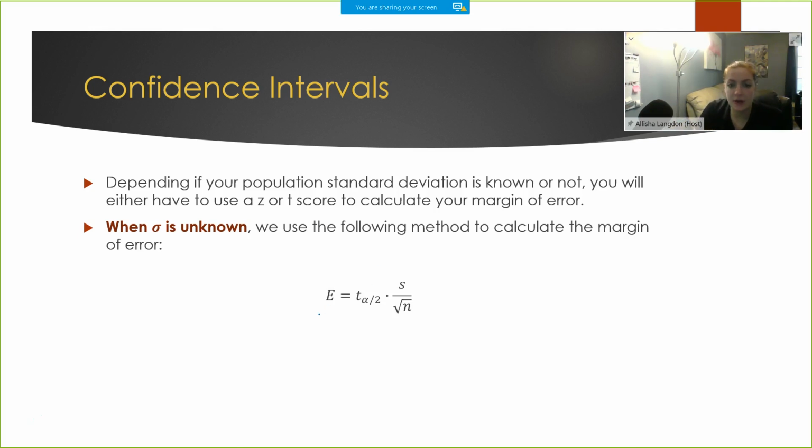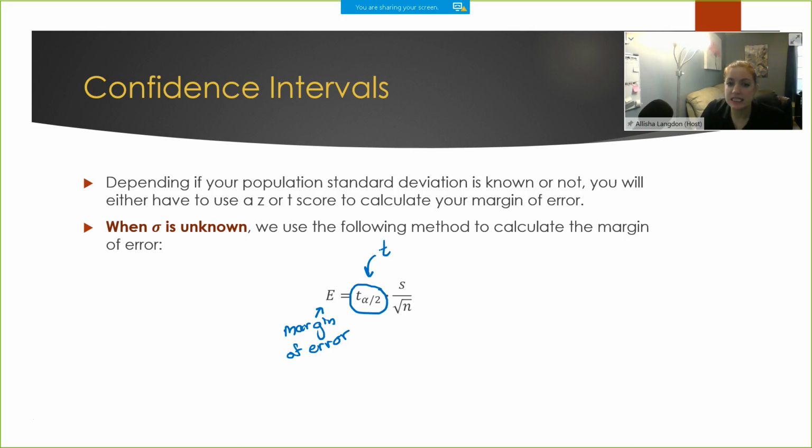So let's break this down. The margin of error is E, margin of error, equals T of alpha over 2. Don't get hung up on that right now. That's going to turn into a number.